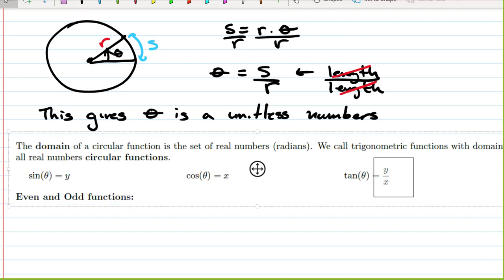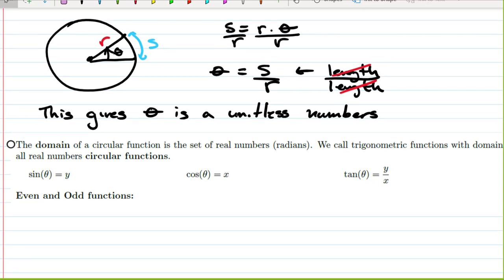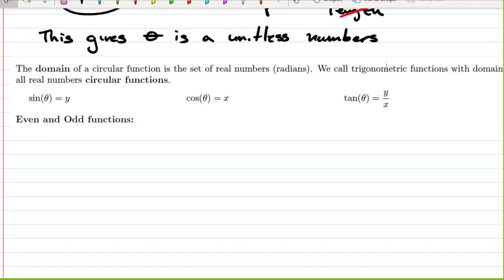So for sine and cosine, our domain is all real numbers, but when it comes to tangent, tangent is defined to be y over x, or sine over cosine, and we know from our unit circle that cosine is equal to 0 at all of the half multiples of pi over 2.